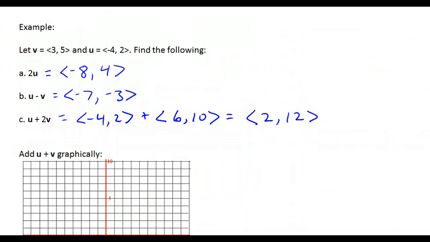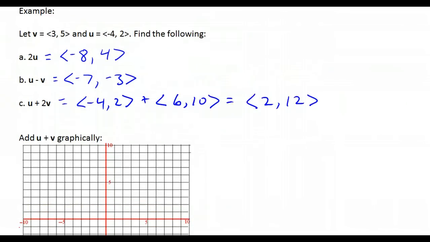All right, now let's add vectors graphically. If I want to add u plus v graphically, well, u is negative 4, 2. That means if I start at 0, 0, I'm going to go back 4 and up 2. So there's vector u. And then if I add v to it, I'm going to start at the end of vector u and plot out my vector v.